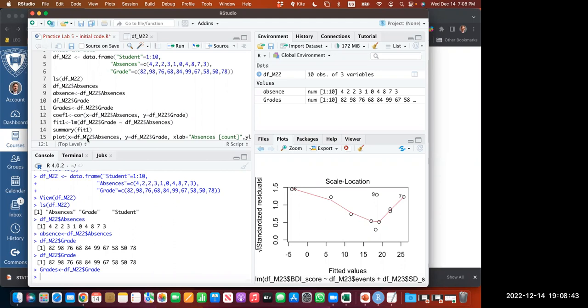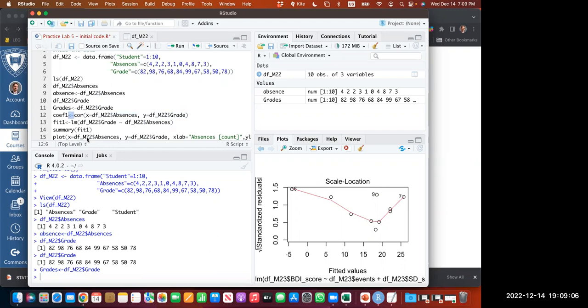Next we can calculate with the cor function the correlation coefficient. In line 12, you're packing the result of the correlation function into an additional object.